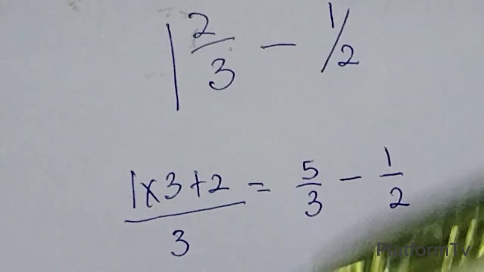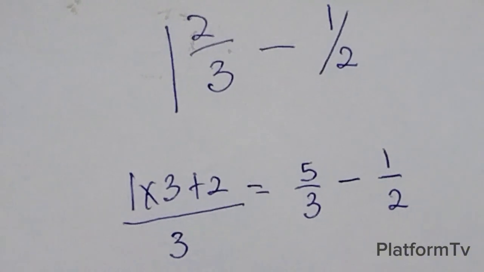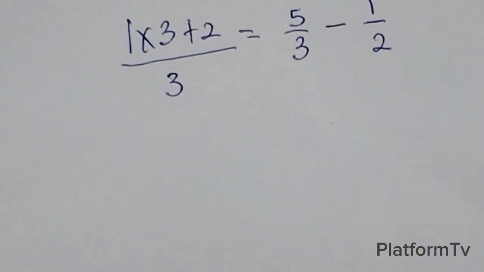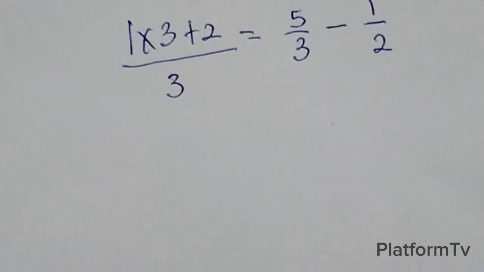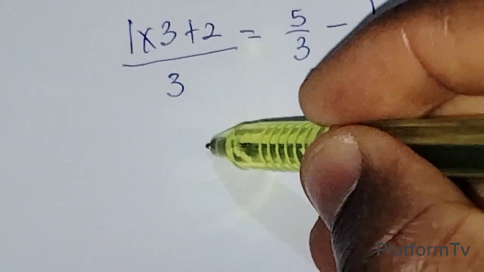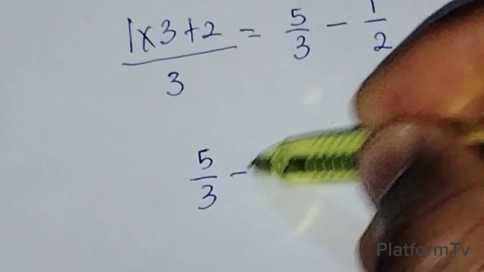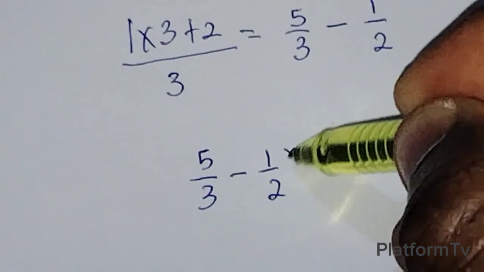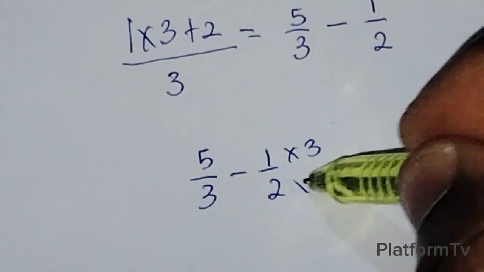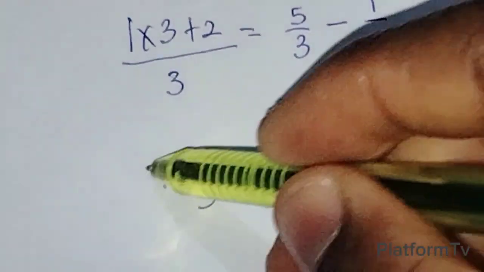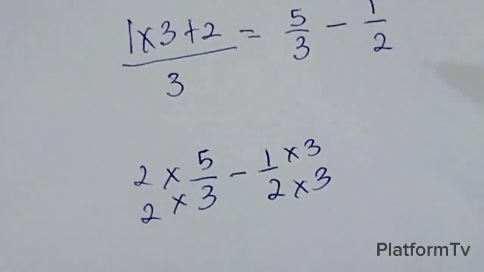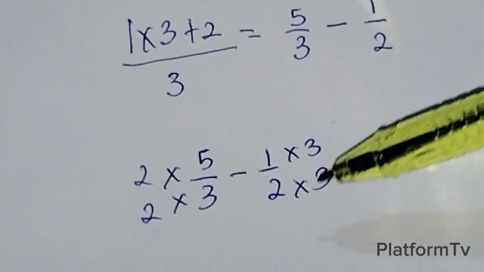For emphasis, let's run through both methods again. So I'll have something like this, using method 1: 5 over 3 minus 1 over 2, times 3 times 2. If you didn't understand it earlier, you're seeing it done again.